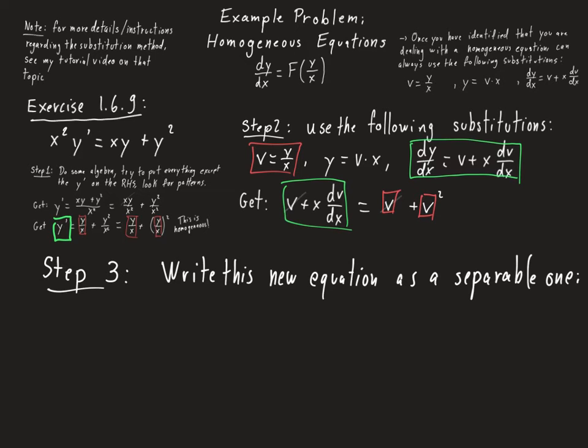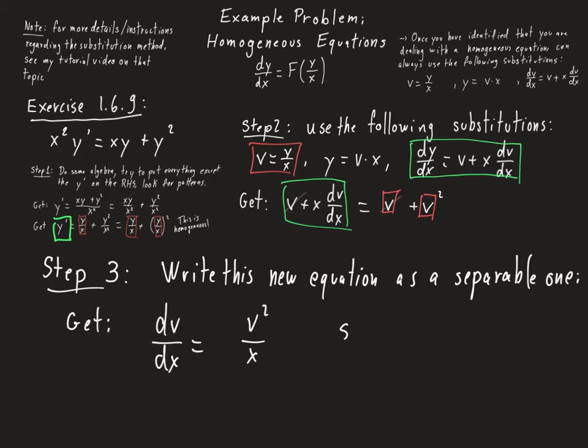But we're still going to have that x in front of the dv dx, and we're going to need to divide on both sides by that. So what do we get? Well, we get that dv dx is equal to v squared over x.